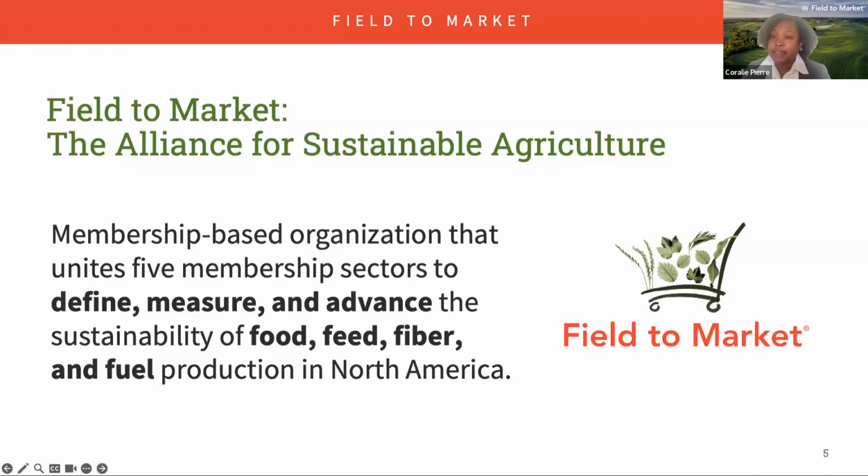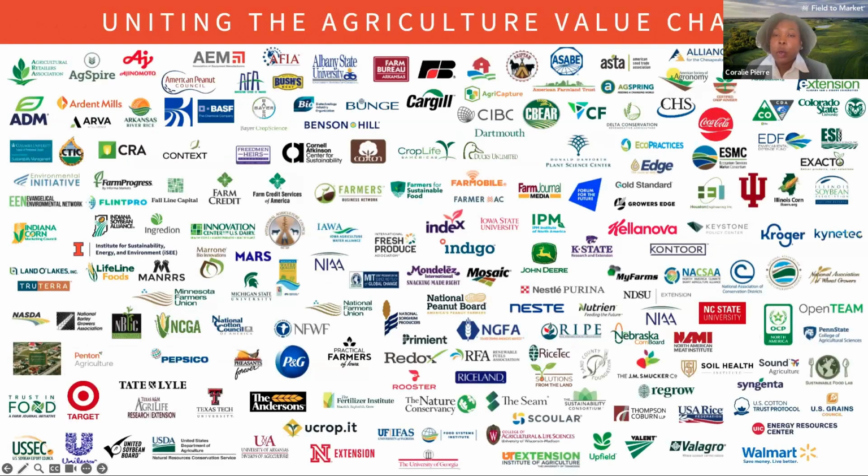Field to Market was established 15 years ago and was formed out of a belief that no one organization in the food and ag supply chain can meet the challenges of our industry alone. We are proud to represent over 190 member organizations who are united in our mission to meet the growing demand for food, feed, fiber, and fuel sustainably and responsibly while enhancing farmer livelihood.